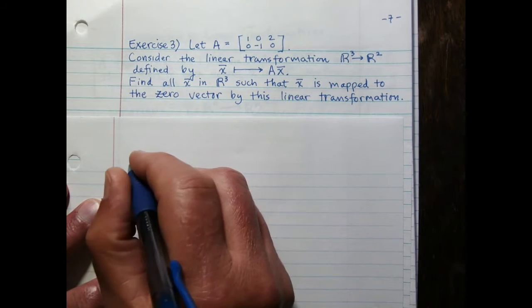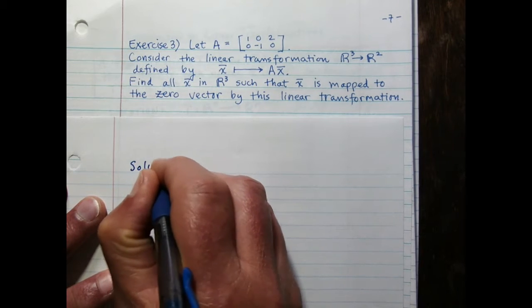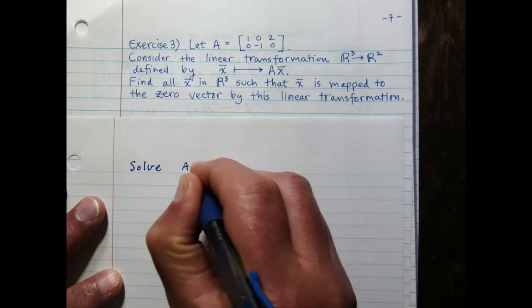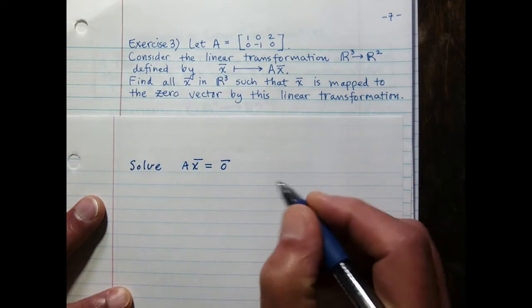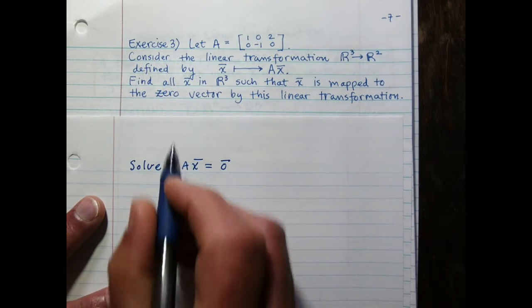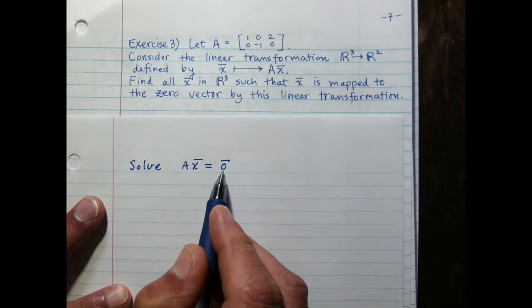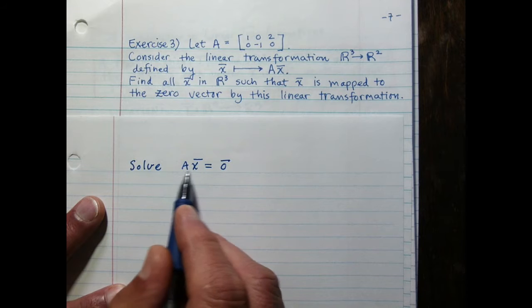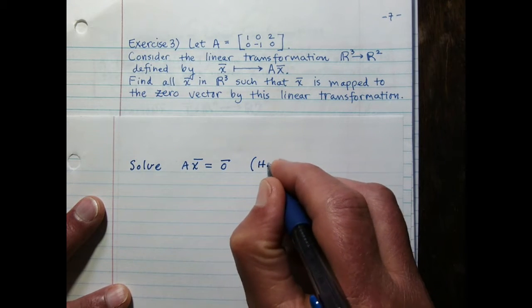So I'm just going to translate this problem into saying we want to solve Ax equals 0. When they say map to the 0 vector, they mean map to this. So after we take the product, we get 0. Notice that this is just a homogeneous equation.